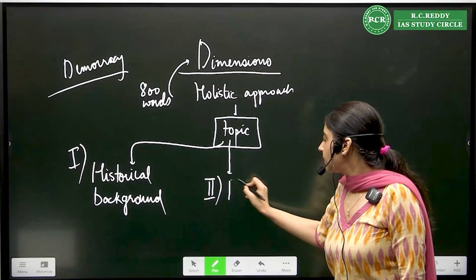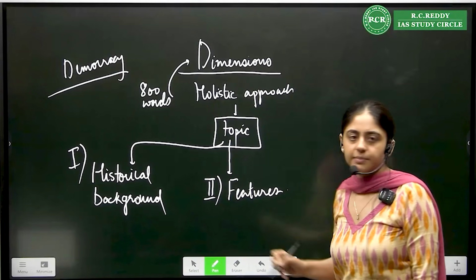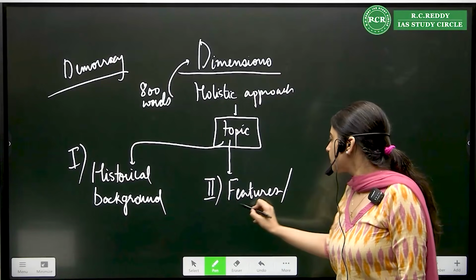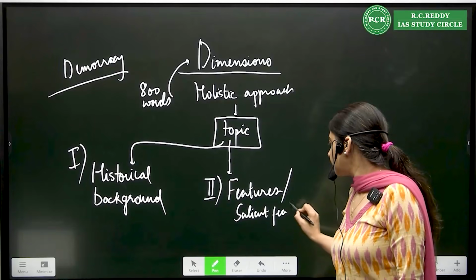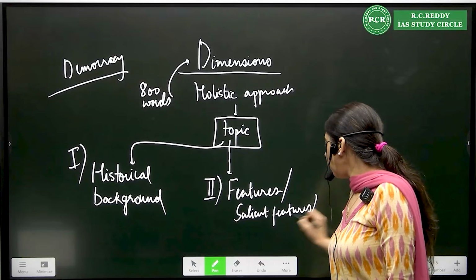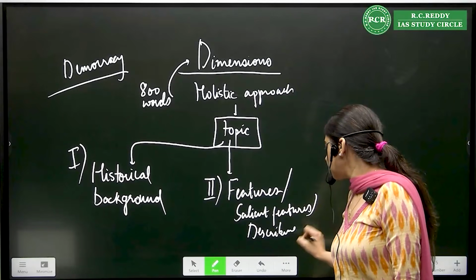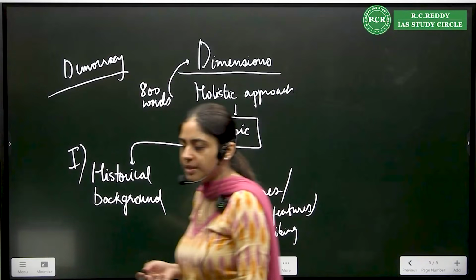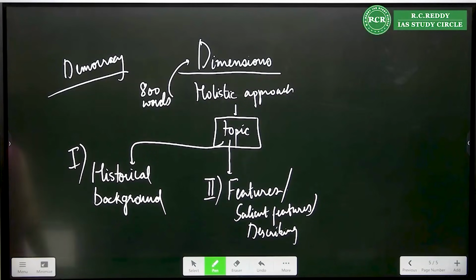So you can think about features, that is, what are the salient features of something, or describing that particular thing. Like there has been one essay on obesity is a silent pandemic undermining India's public health gains.